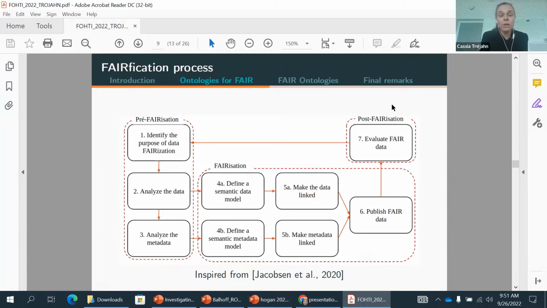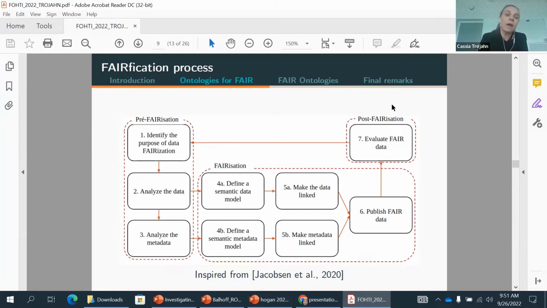I am not going to detail all the steps here, but to give an idea of the methodology and the process that has been applied so far. You have identified the purpose of data verification, and for us it was exposing the data in a way that data consumers can understand the data.